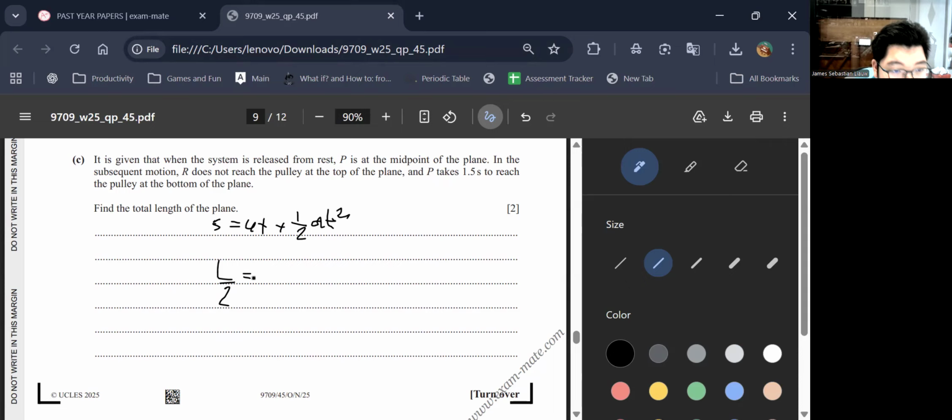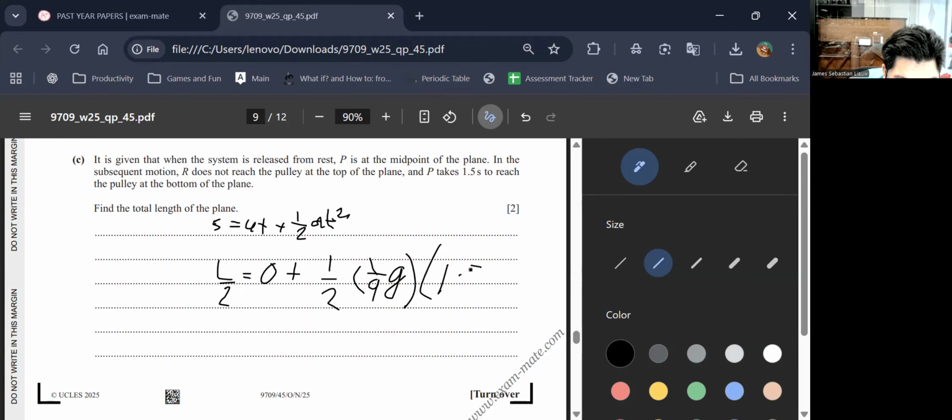And P is released from rest, right? So we know that half times, what is a? a is 1 over 9 g, right? We found that earlier. And it took P 1.5 seconds.